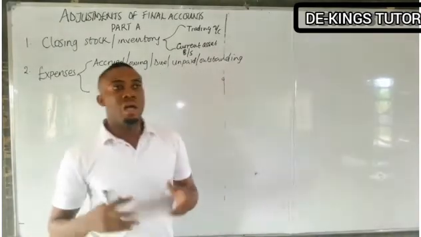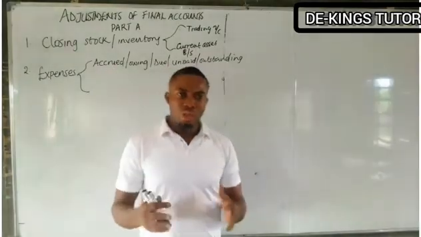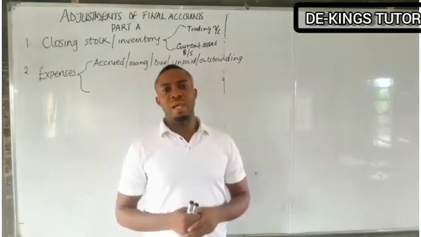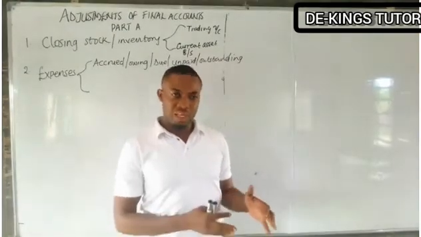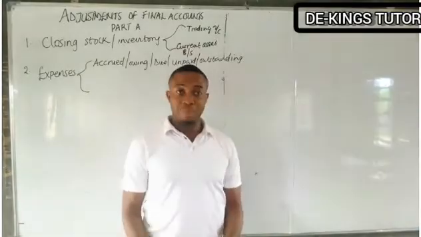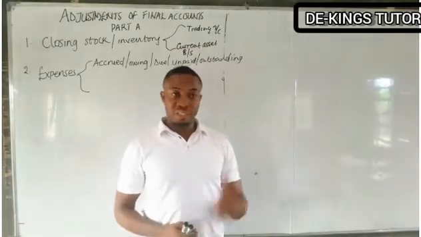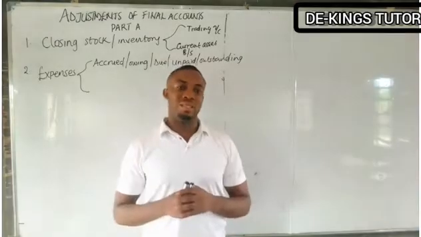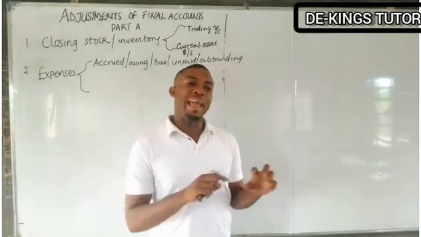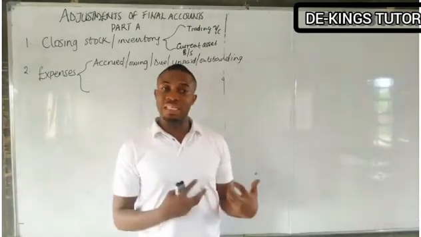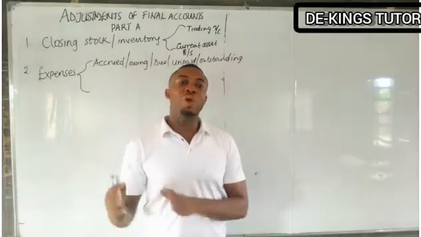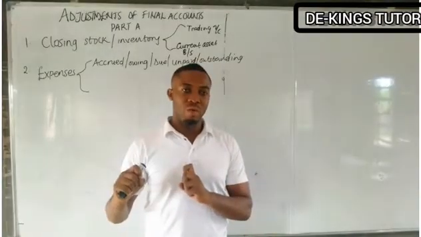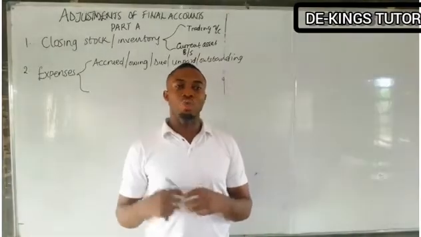For instance, if you stayed in a rented apartment last year, and up till this year, you've not paid the rent for last year, we call that accrued expenses. Why? Because you have enjoyed the service of staying in that apartment, but you have not paid for it. It means you are owing, or it is unpaid.